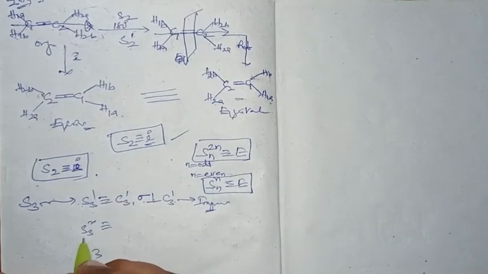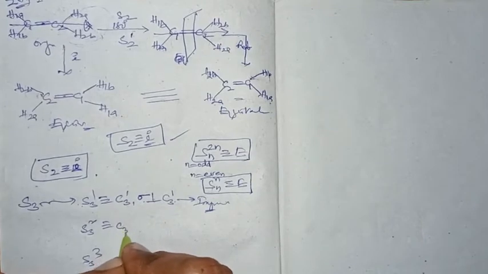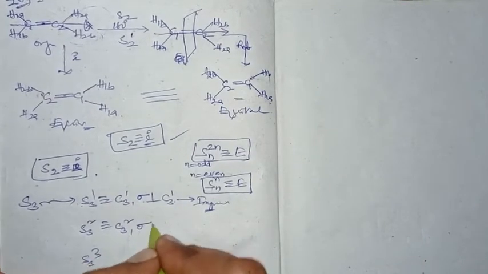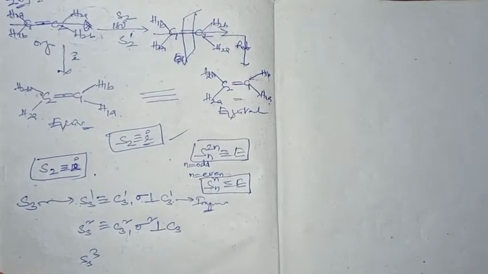When it comes to S32, it is C32 followed by sigma two times, which are perpendicular to the C3.